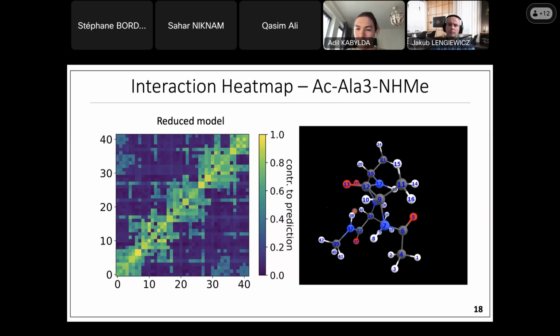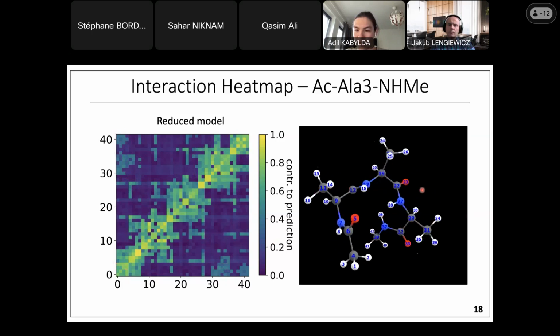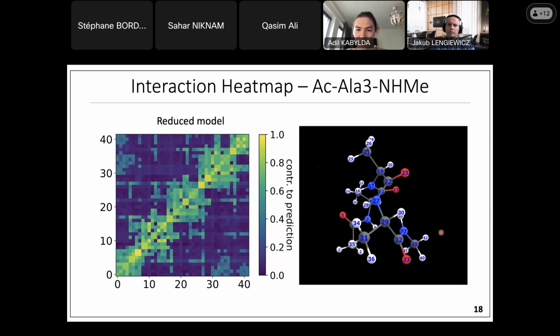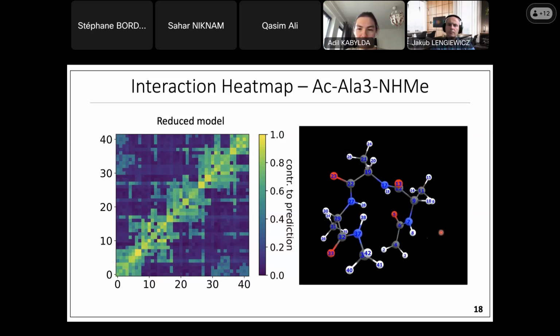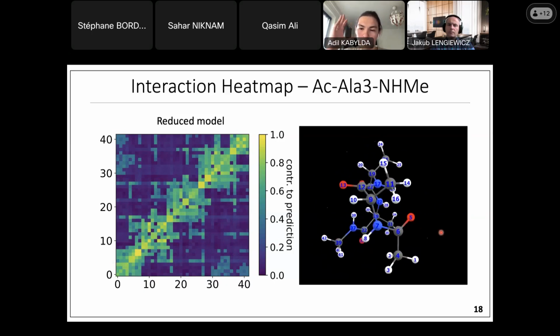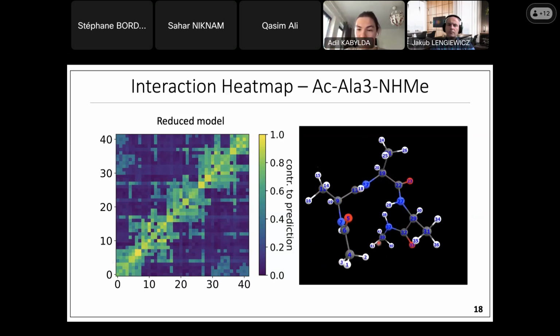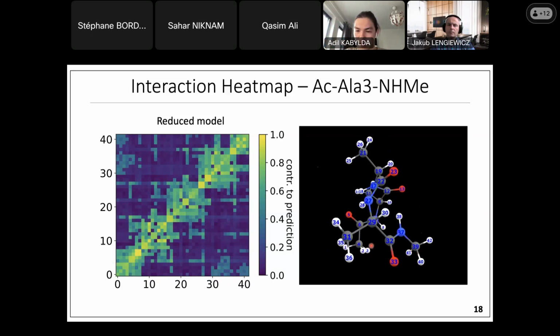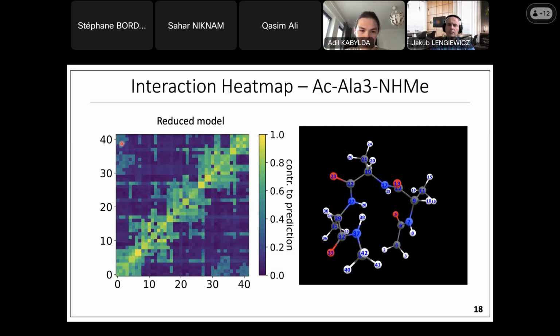And if you compare this to the tetrapeptide molecule and these atomic indices, as I said, during molecular dynamics, the molecule folds and unfolds, and indices of these two ends actually correspond to the corner elements here.